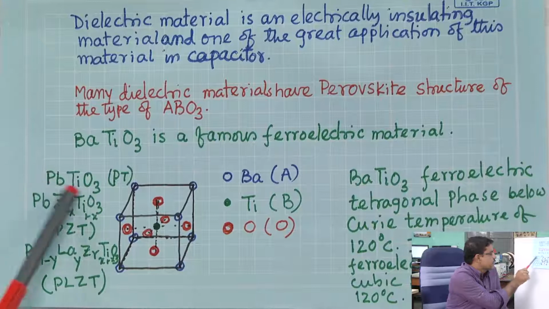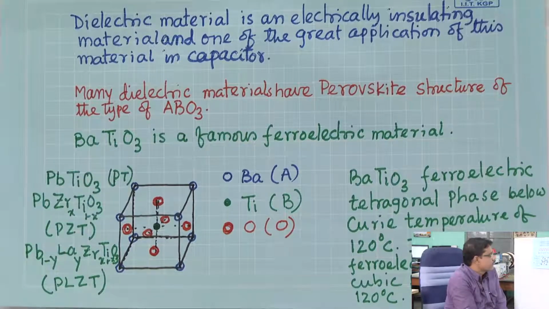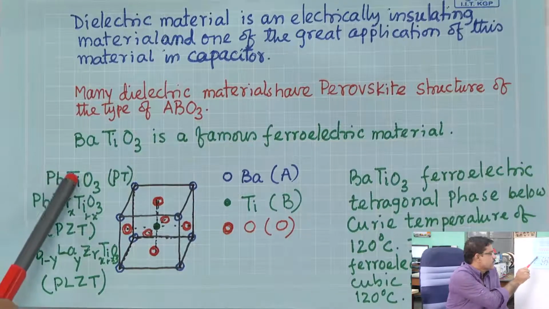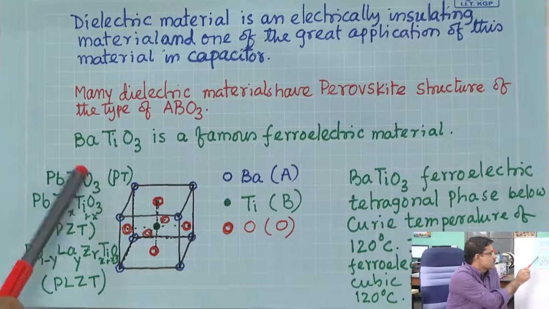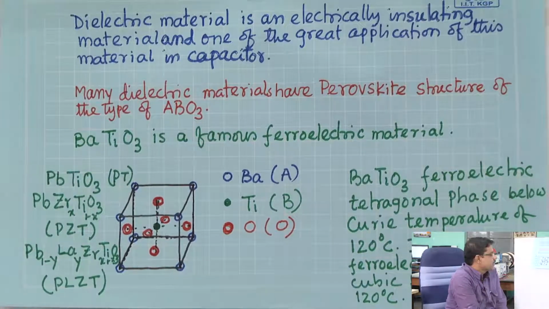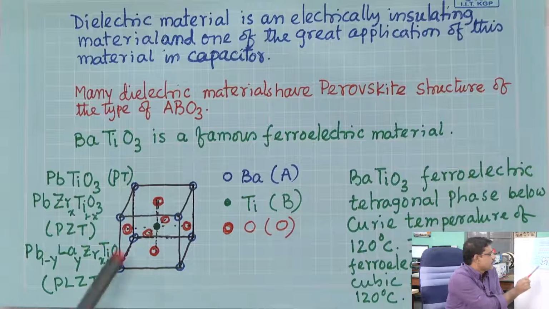Lead titanate, also called PT, PbTiO3, is also a ferroelectric material with the perovskite structure.